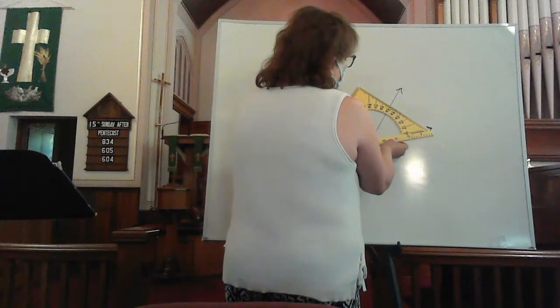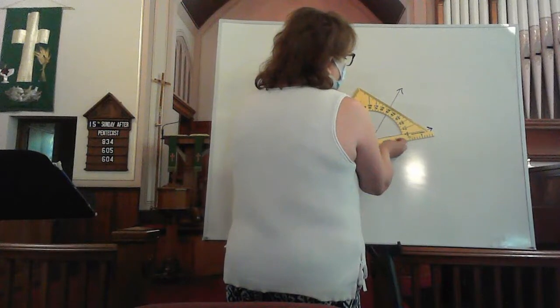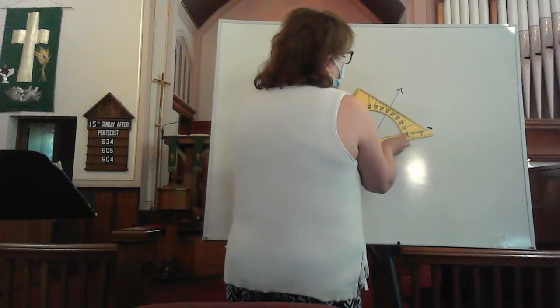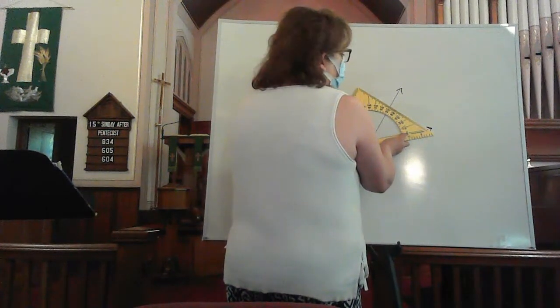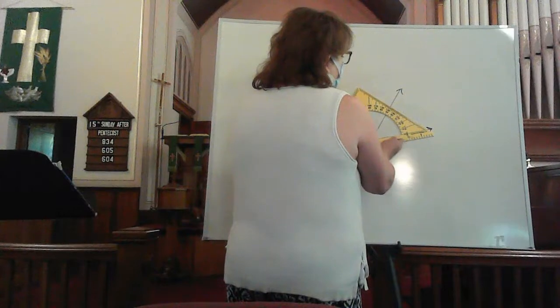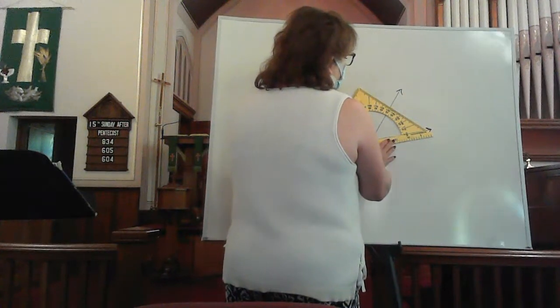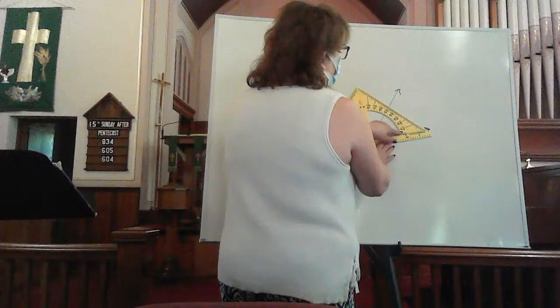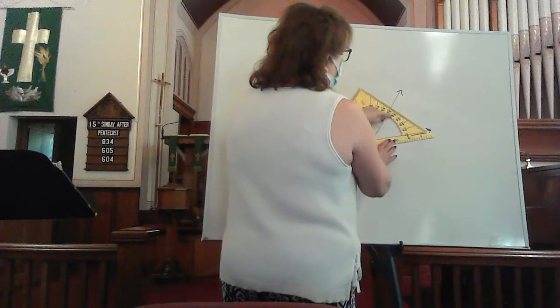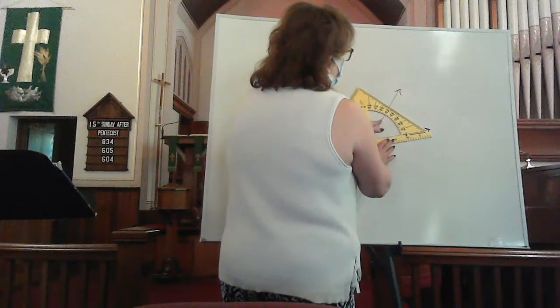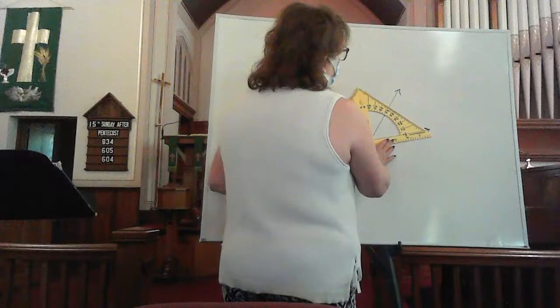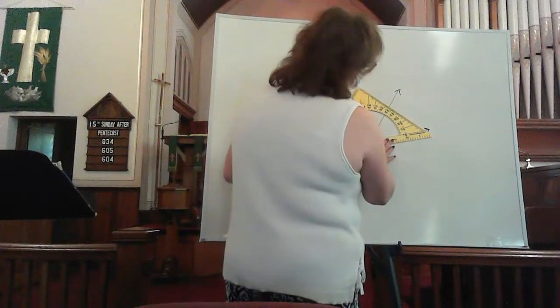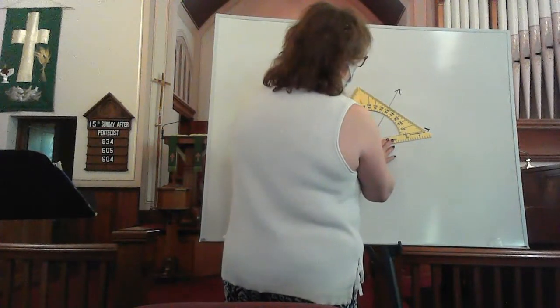So I'm going to put it right on that, and then I kind of have to line my line up with where it says 0. So I'm looking for the 0. So I'm going to line it all up. Now, remember I'm following this bottom, and I'm going to keep going until I find where my line is shooting up. And my line is shooting up right around 50.